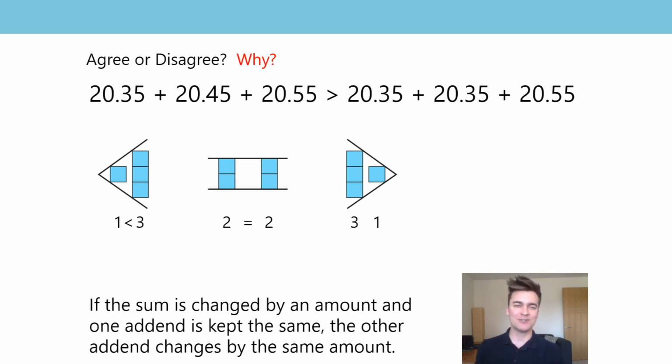So with that visual in your mind, we have a look at our problem and can see it's the greater than symbol that's there. So do we agree or disagree that the first part, the left-hand side, is greater than the right-hand side? Press pause, have a go, and think about how you would explain whether you agree or disagree.